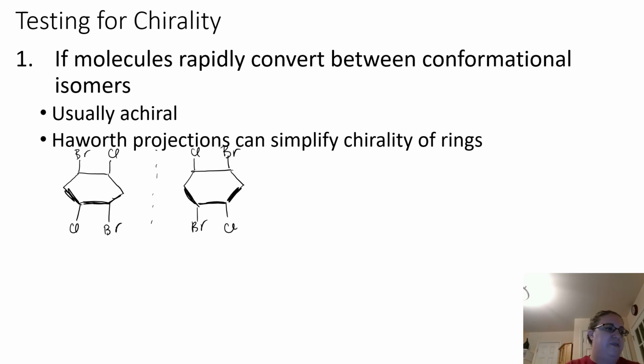All you'll notice is if we just do a quick 180-degree flip of our Haworth projection, you will see then that it hopefully matches our original structure directly. So again, it's going to be a nice achiral structure. So sometimes these projections can help a little bit in terms of predicting the achirality if you were struggling with looking at it flat, and the dashed and the wedges as well.